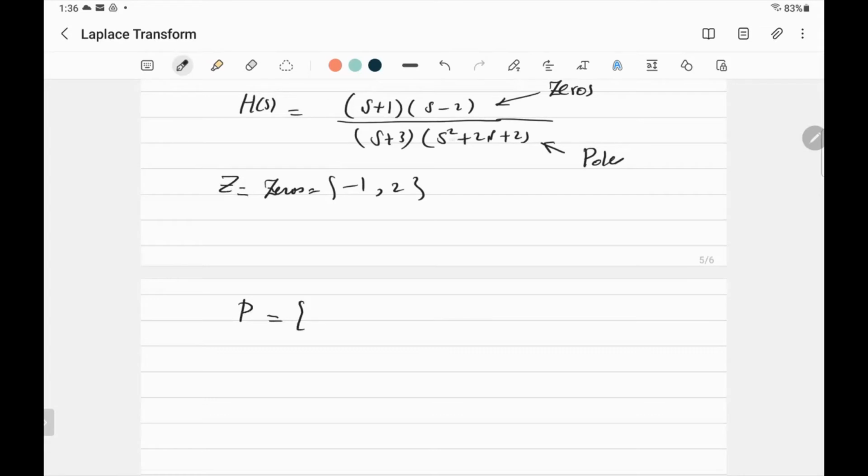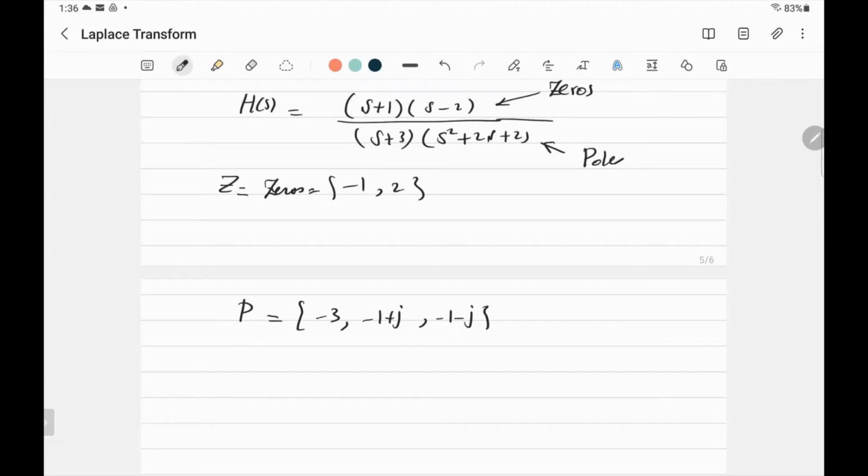That's the zeros, and that's the poles. Solve this one. So you have -3, and then you might use your calculator for the second order to find the roots. Then you find -1 + j and -1 - j. So these are the poles. Is the system stable or not? The rule is look at the real part of the poles.